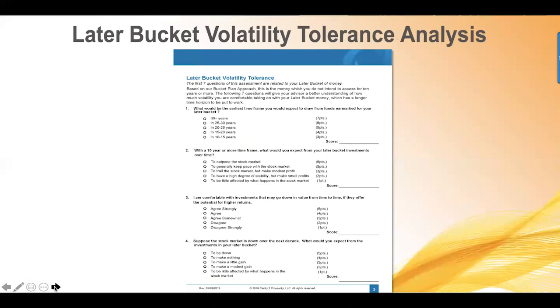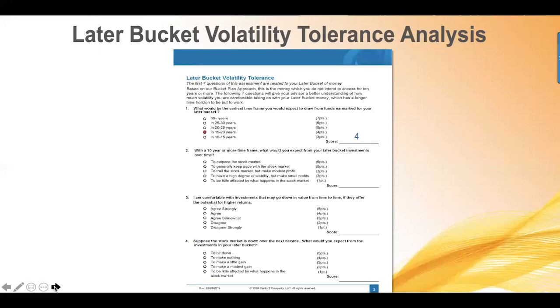Remember, we're looking at 3 to 5 years before you start drawing your soon bucket, but then your soon bucket is going to last a good decade. So about how long of a time horizon do we have in that later bucket? Yeah, for 3 to 5 out, and then 10, it's that 15 to 20 year range for the later bucket. Yeah, I would agree.